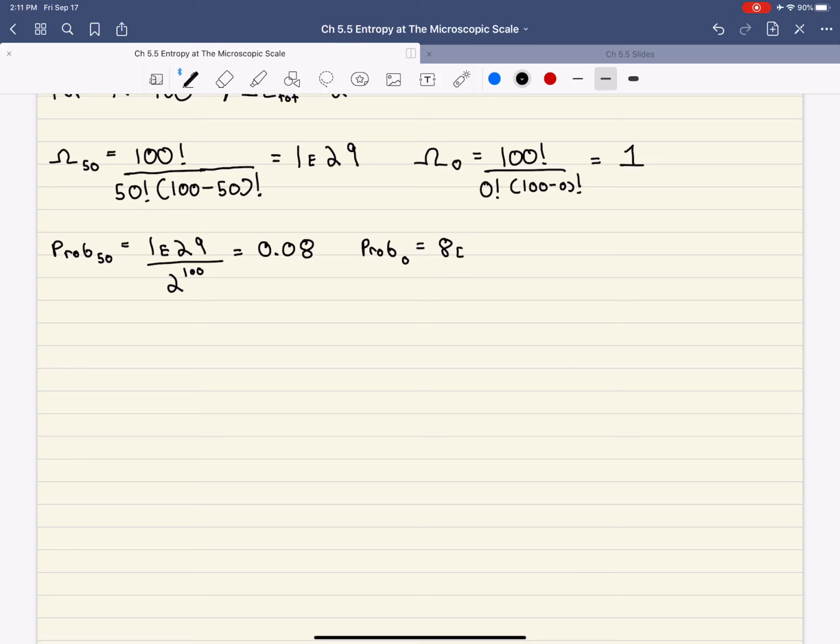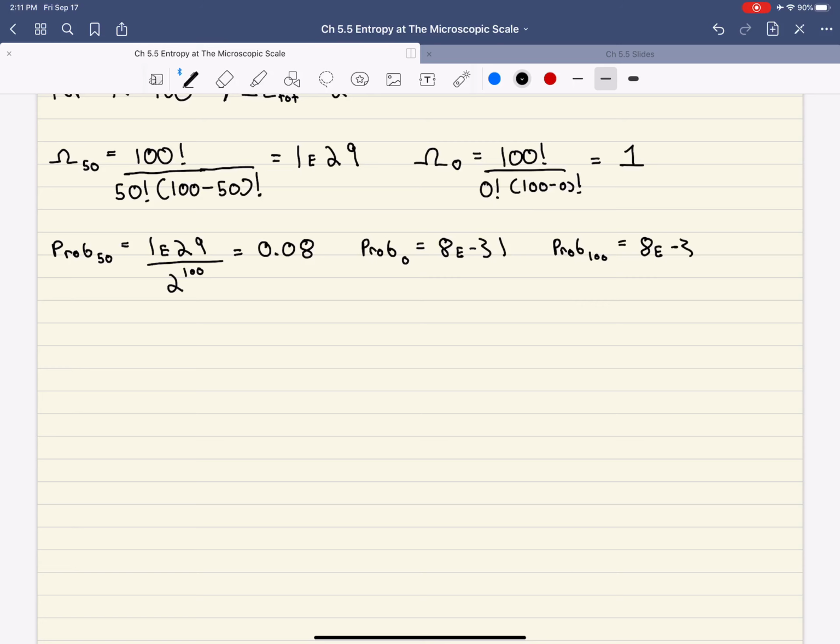The number you get there is about 8 times 10 to the negative 31. So that's a really low number. And equivalently, if you did this calculation for the case where you got all the coins face up, heads up, you would get the same number.